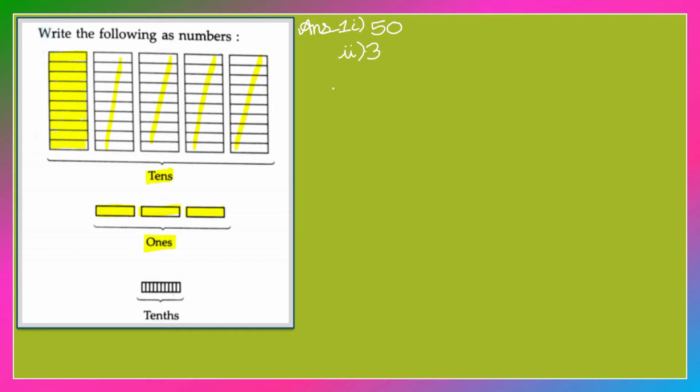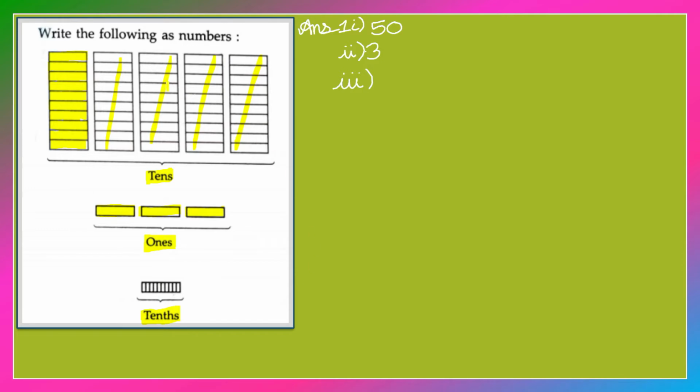Now for the third part, as you can see, we have only one rectangle here, and it is saying tens. It means that this whole thing is a tenth.